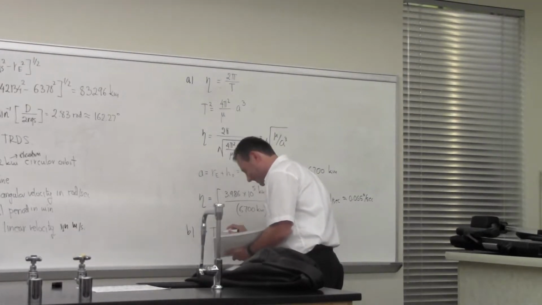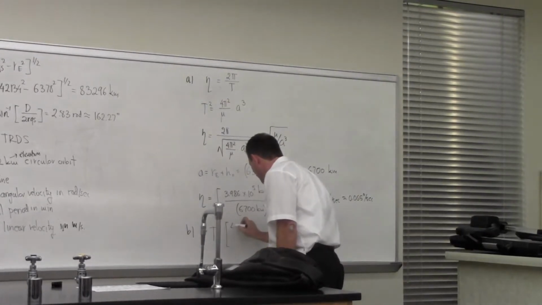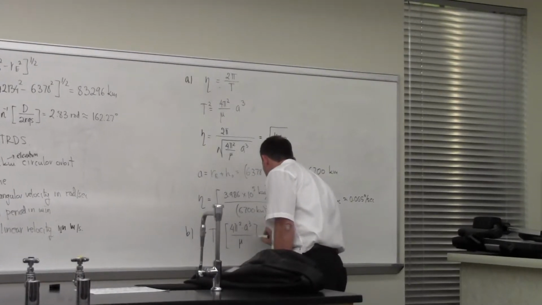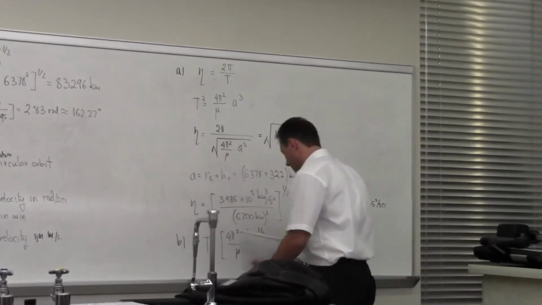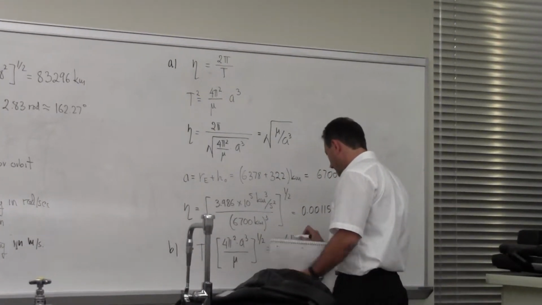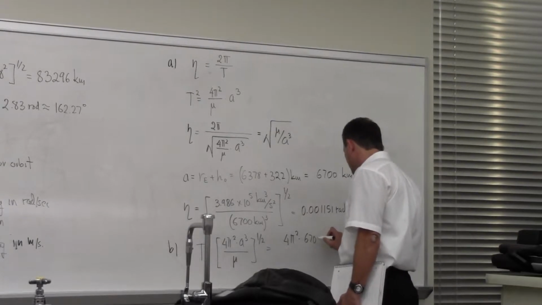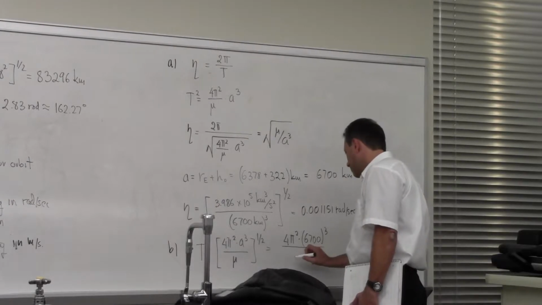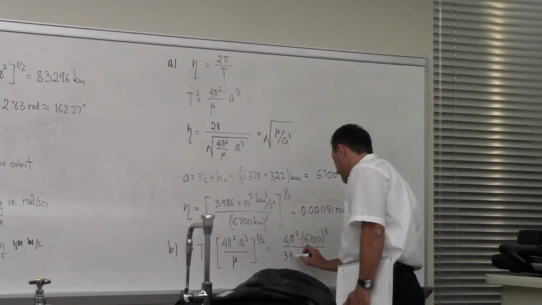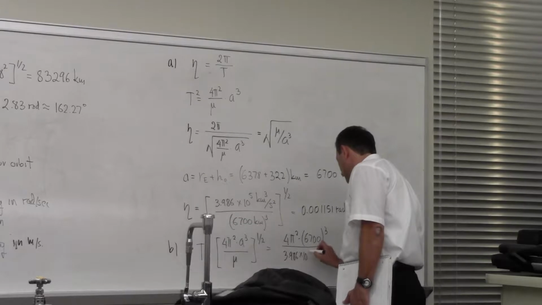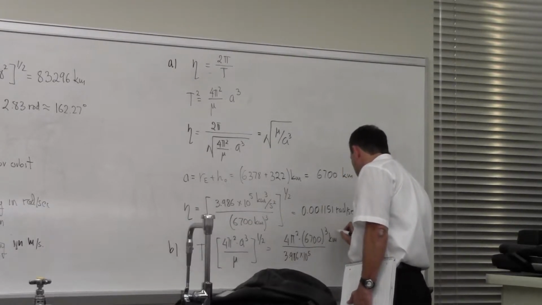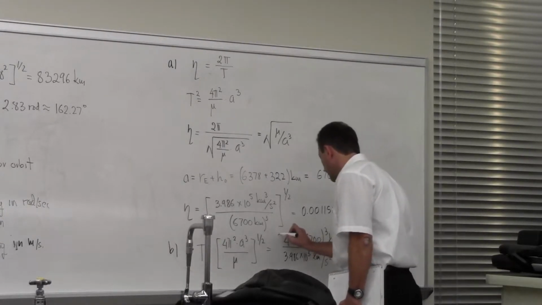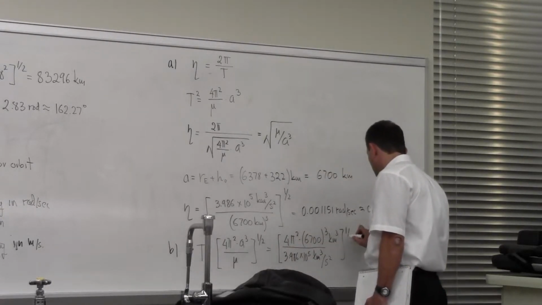So T is equal to 4 pi squared times a cubed over mu, taken to the square root. So this gives us 4 pi squared times 6,700 quantity cubed divided by mu, which is 3.986 times 10 to the 5 kilometers cubed over second squared, and then take the root here.